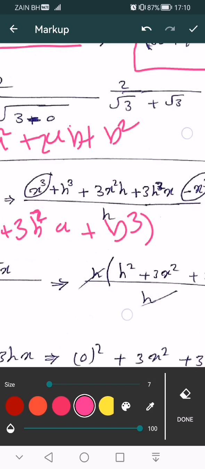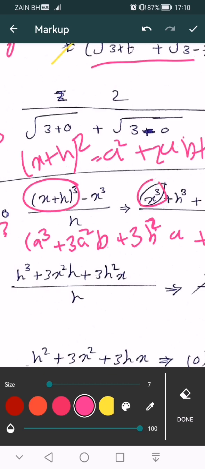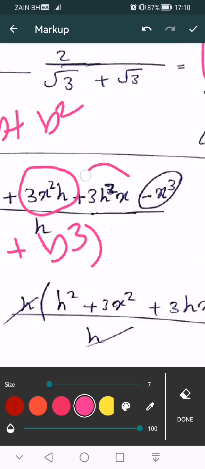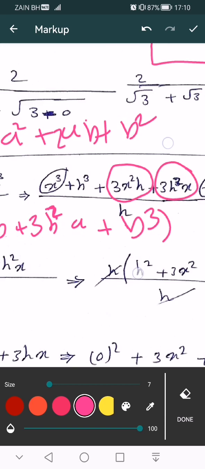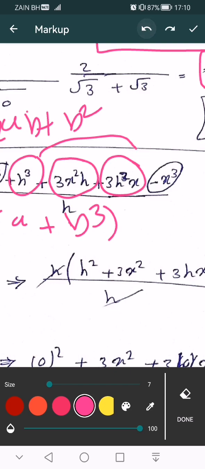Depending on this one I will follow this rule, that I will use the first cube plus 3 by first square by second plus 3 by second square by first plus h cube. I can put x cube here or anywhere, because addition is commutative.